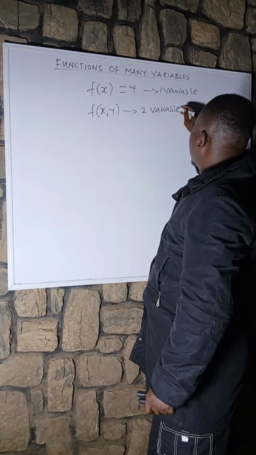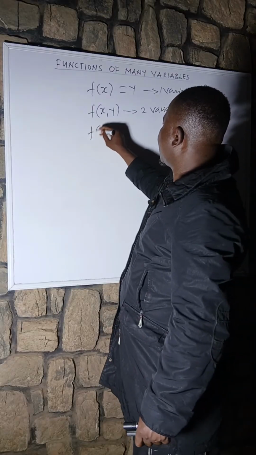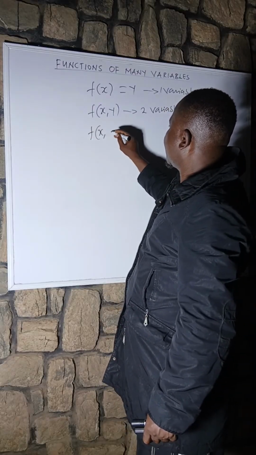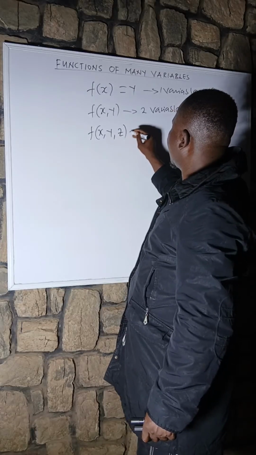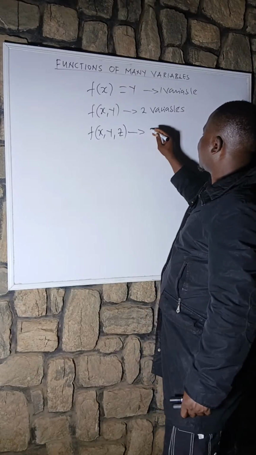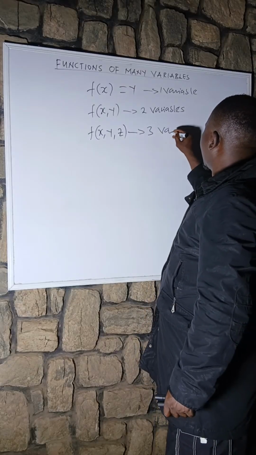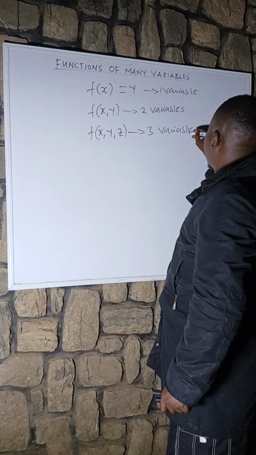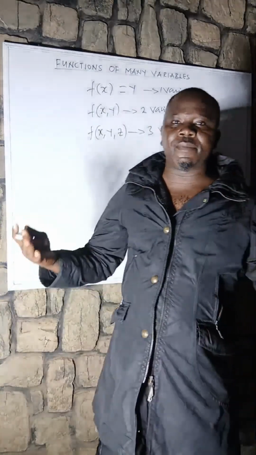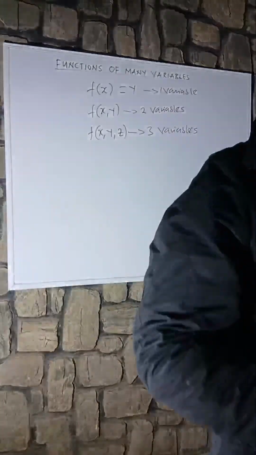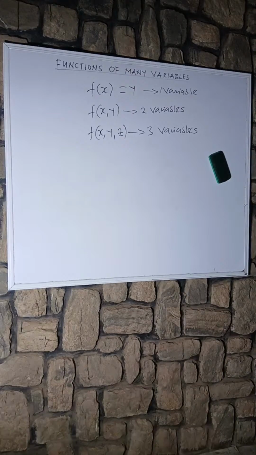Then when you come across f of x comma y comma z, this is a function of three variables, which we can refer to as a function of many or several variables. Do you understand?